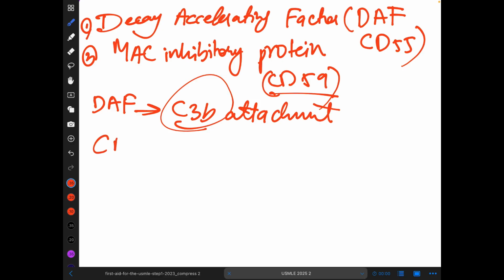And CD59, the MAC inhibitory protein, disrupts the membrane attack complexes to protect our own cells, and these proteins especially protect RBCs. A deficiency of DAF or CD59 leads to hemolysis.